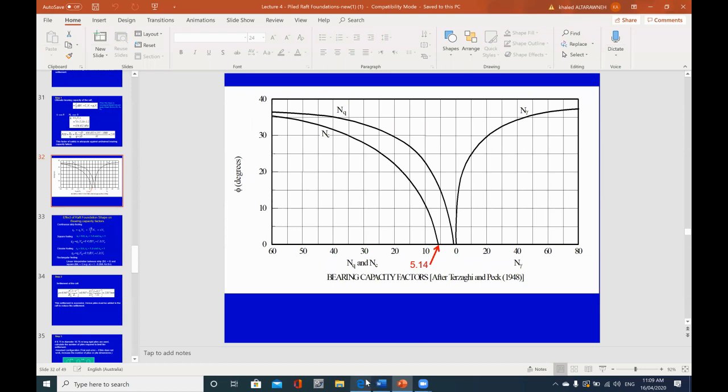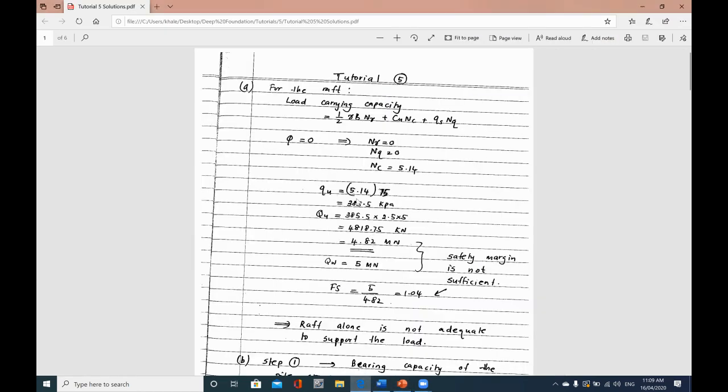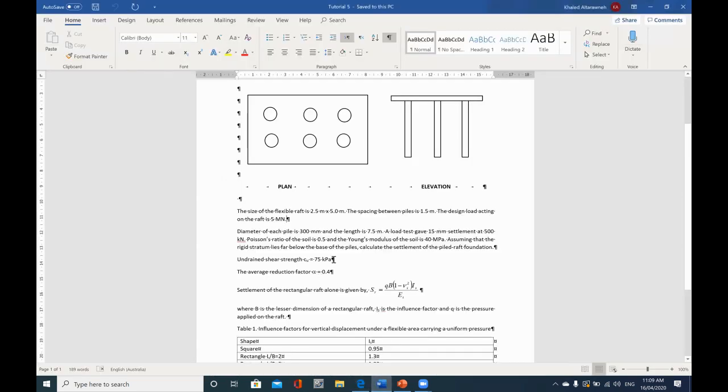So in this problem, the ultimate bearing capacity Q ultimate is 5.14, which is the NC value for phi prime equals 0, multiplied by the undrained shear strength, which in our case is given as 75 kilopascal. So we multiply 5.14 by 75 kilopascal, and that will give us the ultimate bearing capacity for the raft itself, which is 385.5 kilopascal.